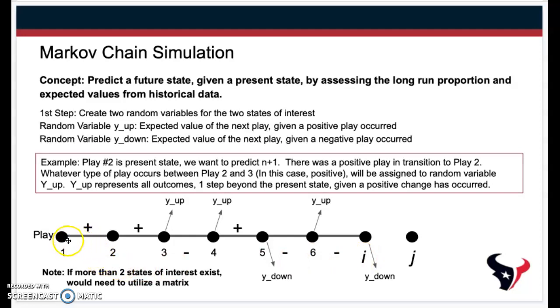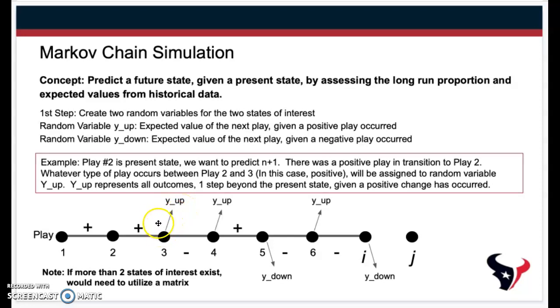So if we have a positive transition from play 1 to 2, so a positive play occurred, and again that's evaluated based on the EPA value of the play, then no matter what occurs from play 2 to 3, we're going to store that value as our positive random variable, which I called y up.